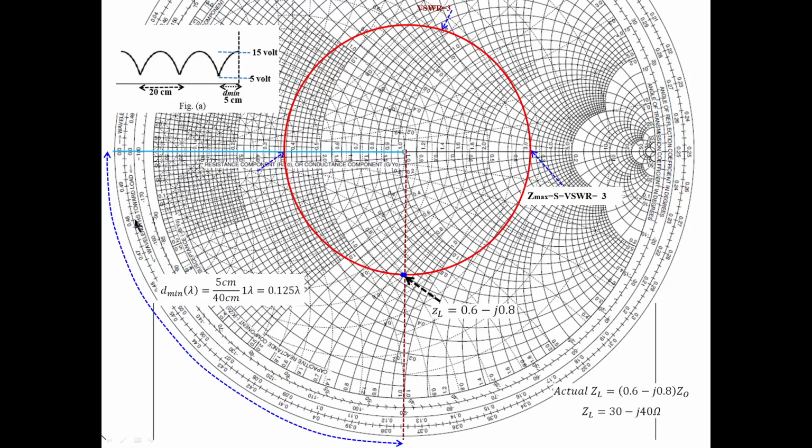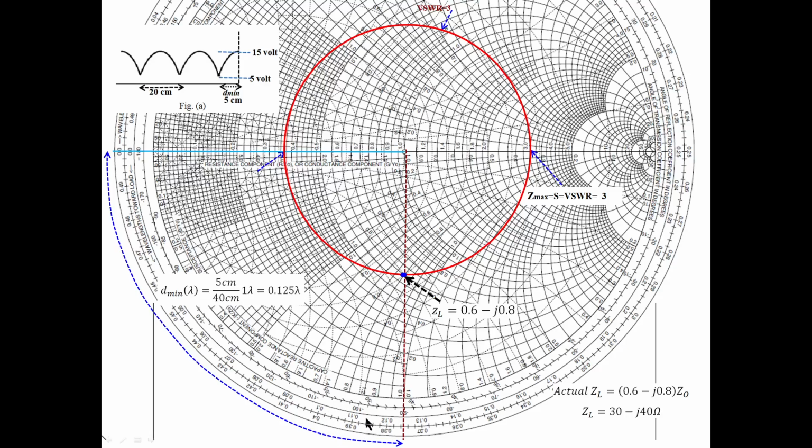If you move 10 bigger divisions, you come to 0.1 lambda, as it is written here. But it is 0.125 lambda, which means 2 divisions further.